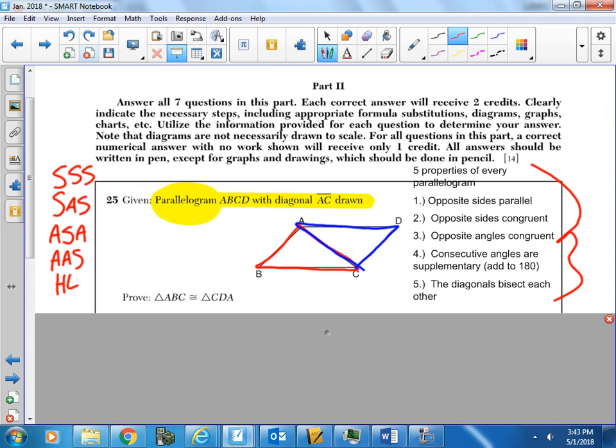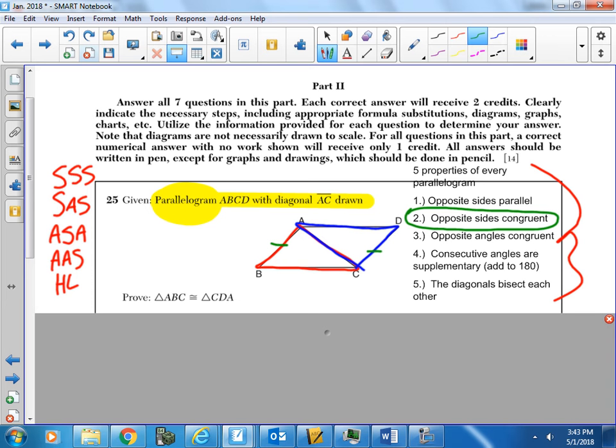Now, if we look at our 5 properties, the ones that are going to help us out are, first off, number 2, opposite sides being congruent. We know this is a parallelogram, and based on the information, we can assume that. We know that CD and AB are the same.